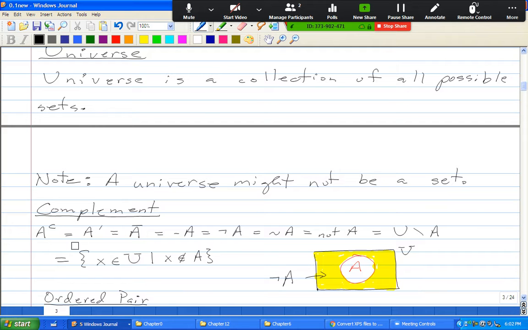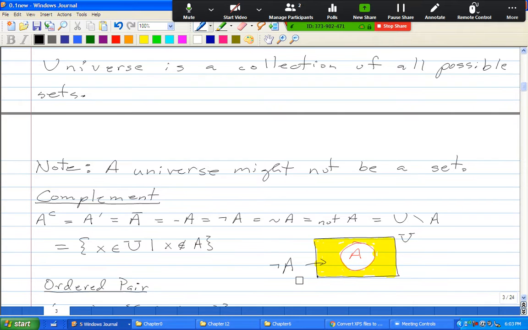A with a superscript C, or A with a little dash, or A with a bar, or minus A, or this symbol here, which means the negation of A, or this symbol, which again means not A. So not A, or the universe without A. So the complement is just the set of all x's in the universe, such that x is not in the set A. And so if this is the universe here, and this is the set A, then everything outside of A is a complement of A.